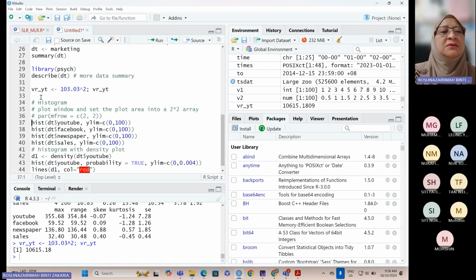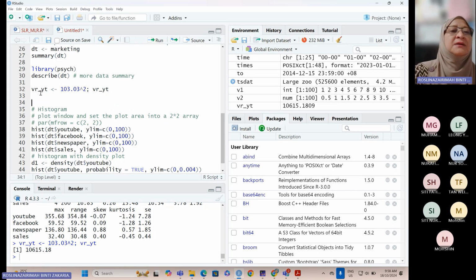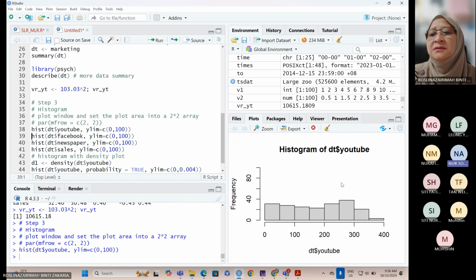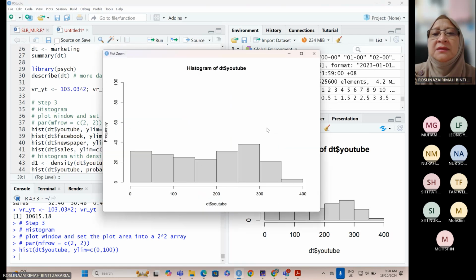So this is step 3. Plot. Let's say we have histogram. It will give the histograms like this, and if you want a bigger one, you can zoom in.